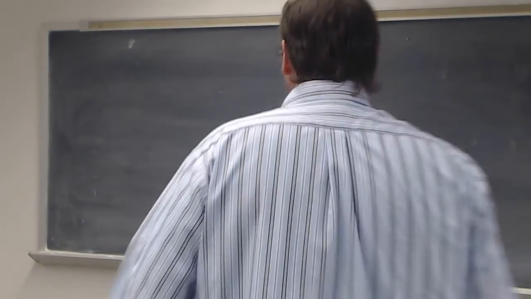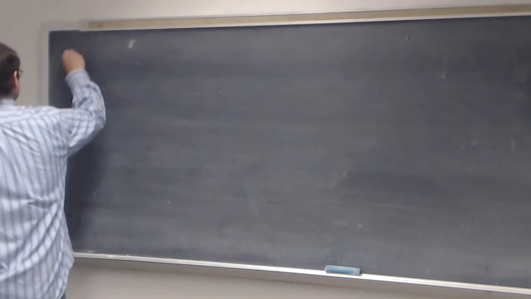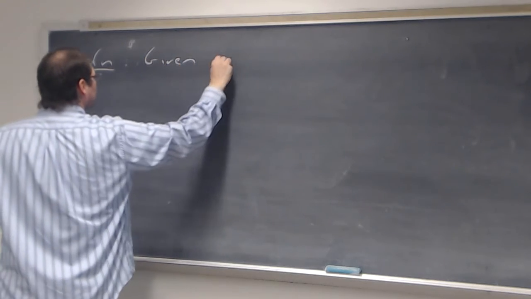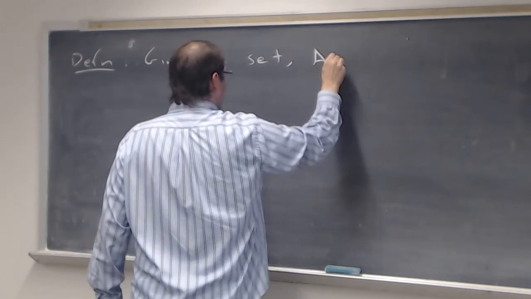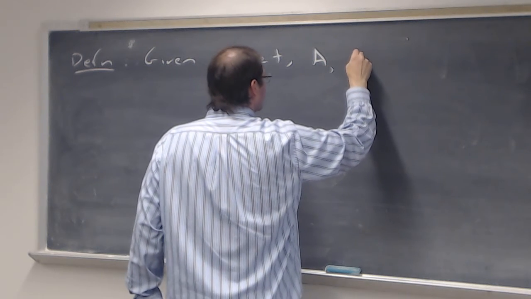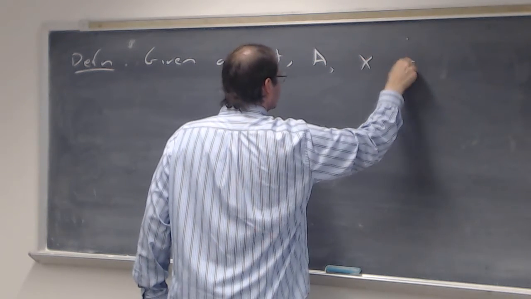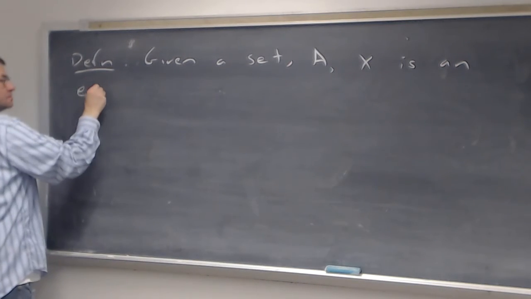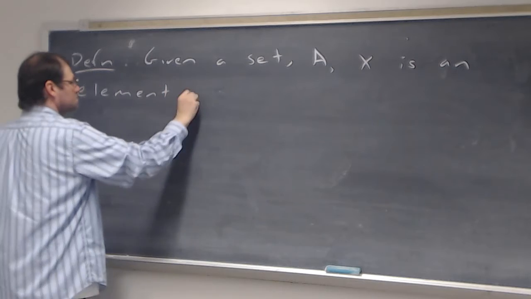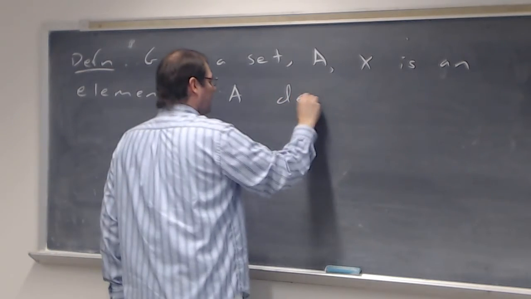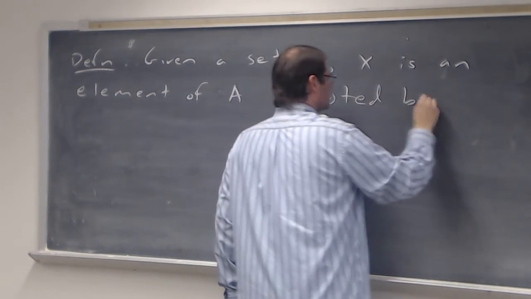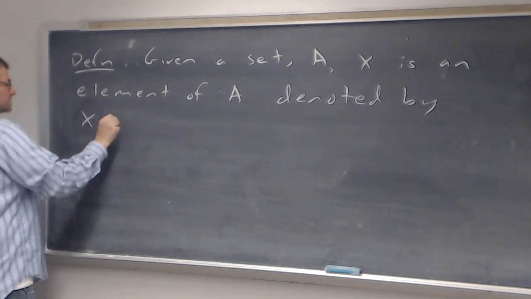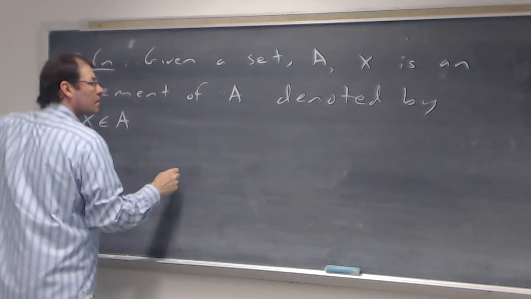Okay. The next thing I want to do is make a definition of an element. So, given a set, we'll give it a name, A, X is an element of A, denoted by X is in A, okay.